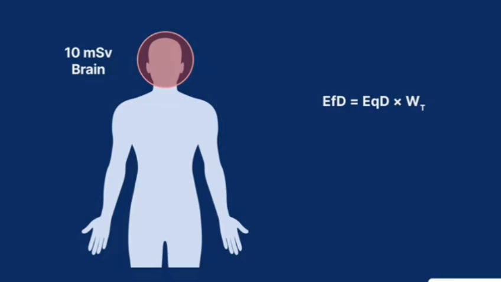An equivalent dose of 10 millisieverts to the brain equals an effective dose of 10 millisieverts multiplied by 0.01, that's the tissue weighting factor for the brain, which equals 0.1 millisieverts.